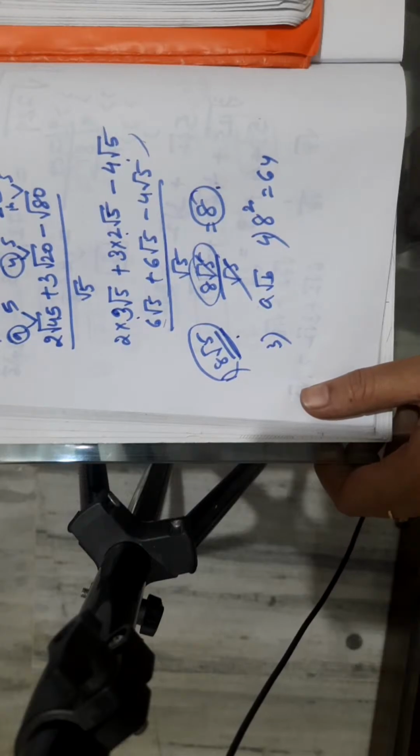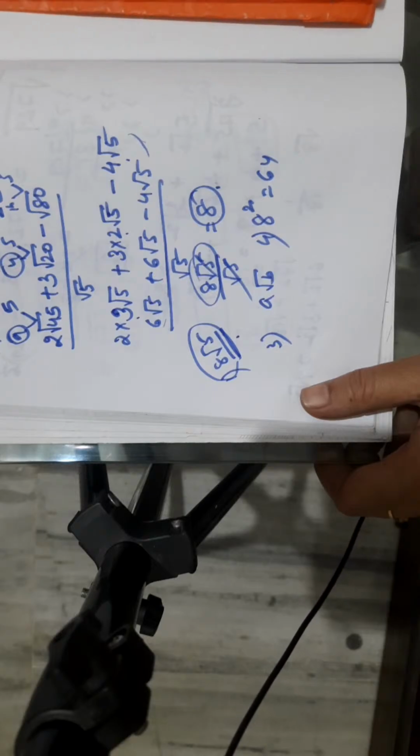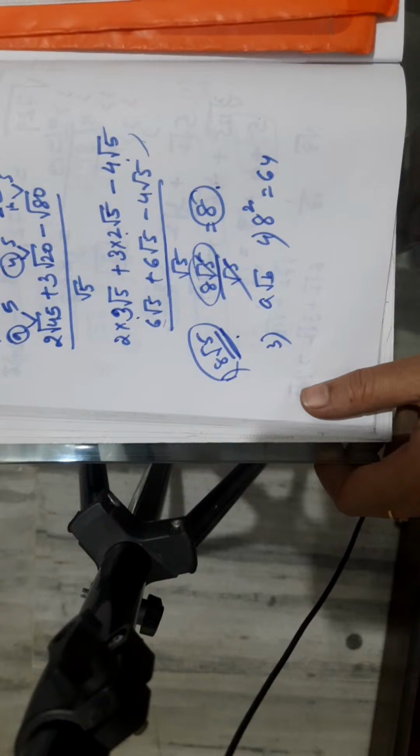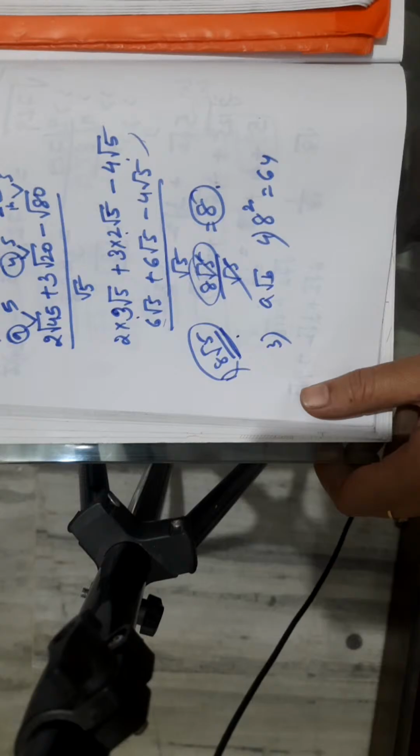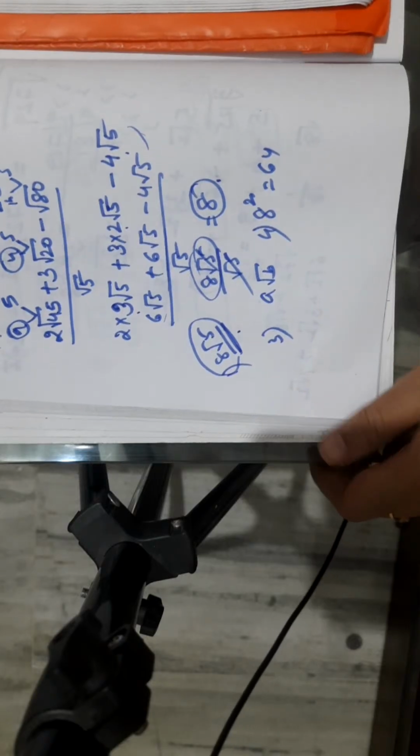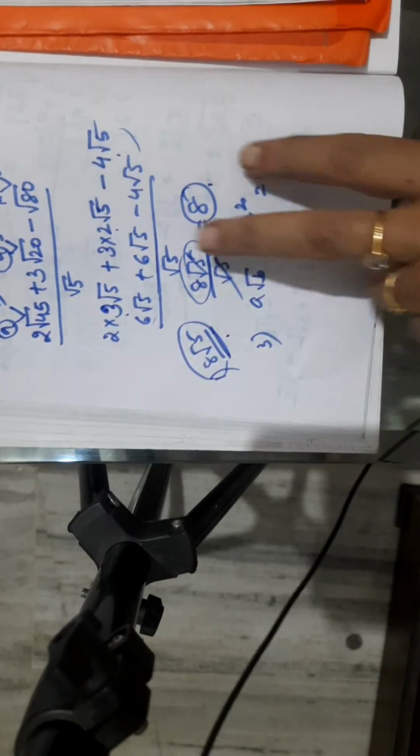The next question. Second comprehension type. Let A... so this one more question is there, then I'll wind up the class.